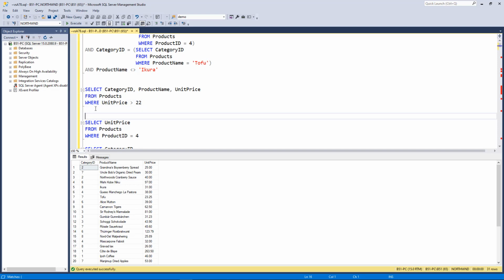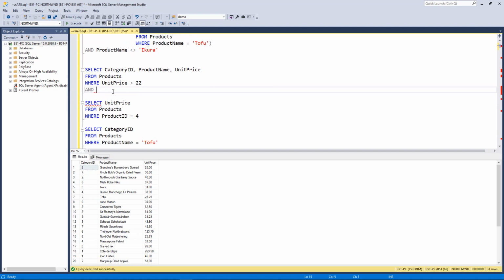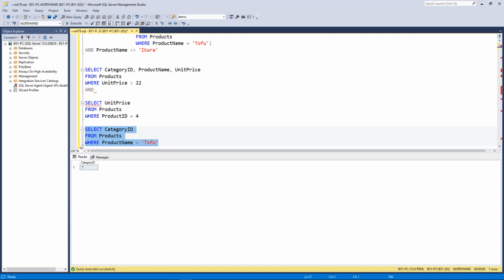The second thing that we want, and because we want this and other filter, we want that the category ID to be the same as tofu. When running it, the category of tofu is 7. So we want the category ID to be 7. Now when running it, we have not only that the unit price is higher than 22, also the category ID is 7.